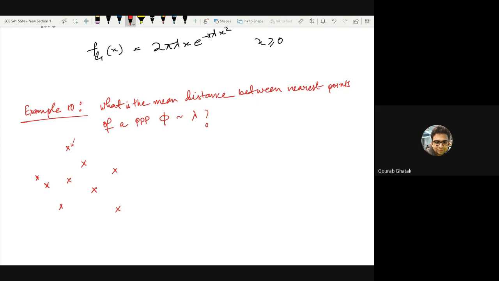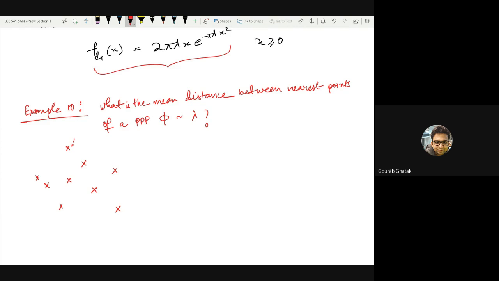In short, the nearest neighbor distribution is still given by this, whether we consider it from the origin or from the perspective of one of the points of the point process. They are both equal. That's what the theorem states.